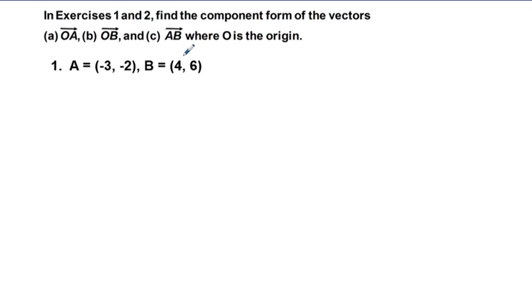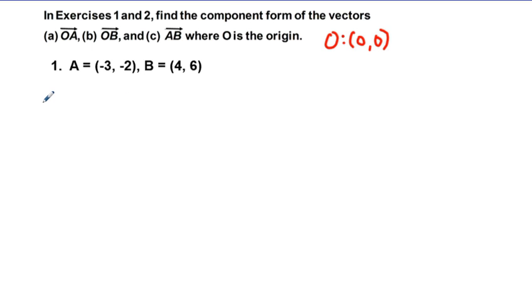the origin. Well, O is the origin, so vector O, we're going to say is this point here, 0, 0, and we're just going to go head minus tail to find the vector.